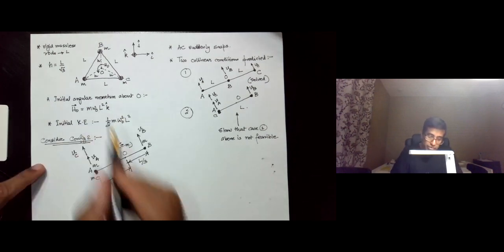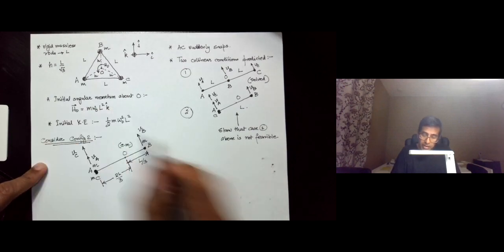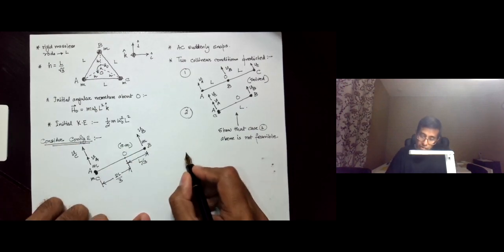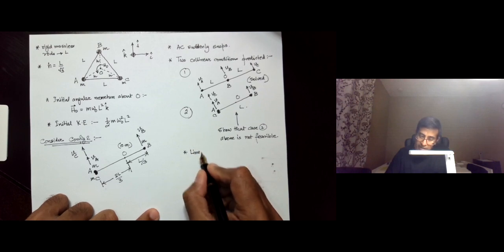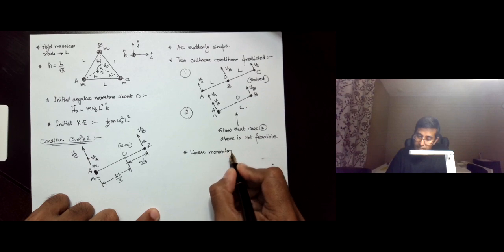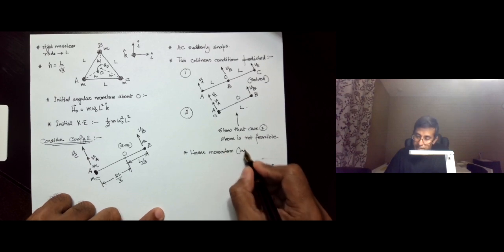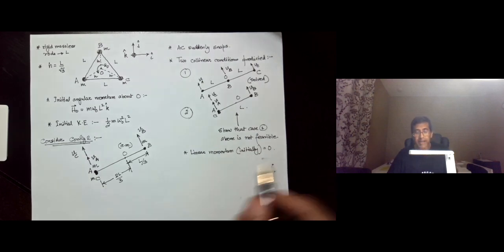By the way, we should also note here, I have written the initial angular momentum and the initial kinetic energy. I should also, just for the sake of clarity, say that the linear momentum initially is equal to 0, and this can again be verified.